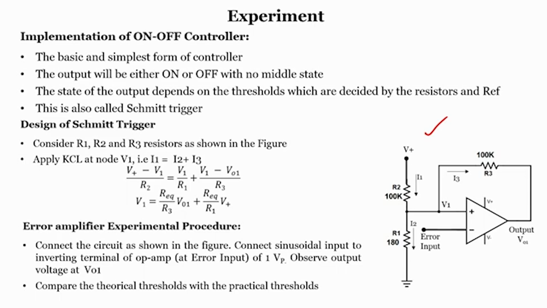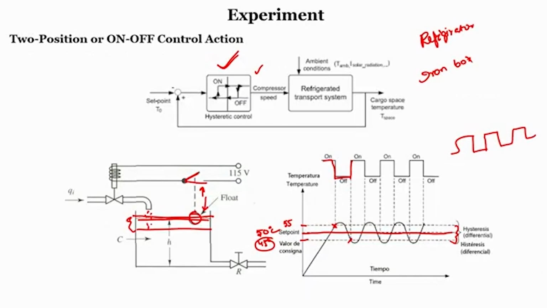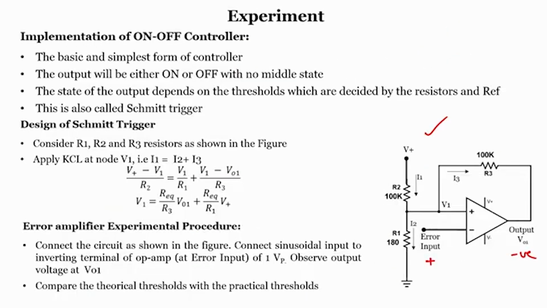Since it is inverting type, when the input is positive, we will get a negative output, that is clear. Now, how do we set our threshold? We have to set two thresholds, a higher threshold point and a lower threshold point. That is completely done by choosing these resistors.